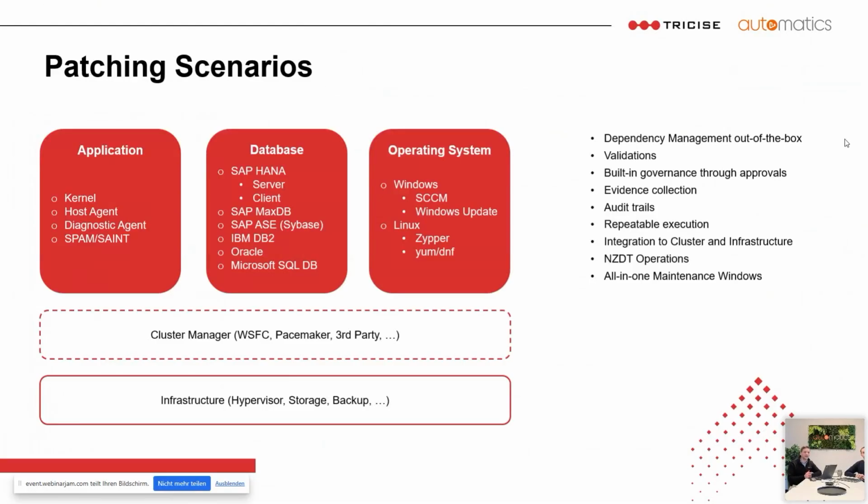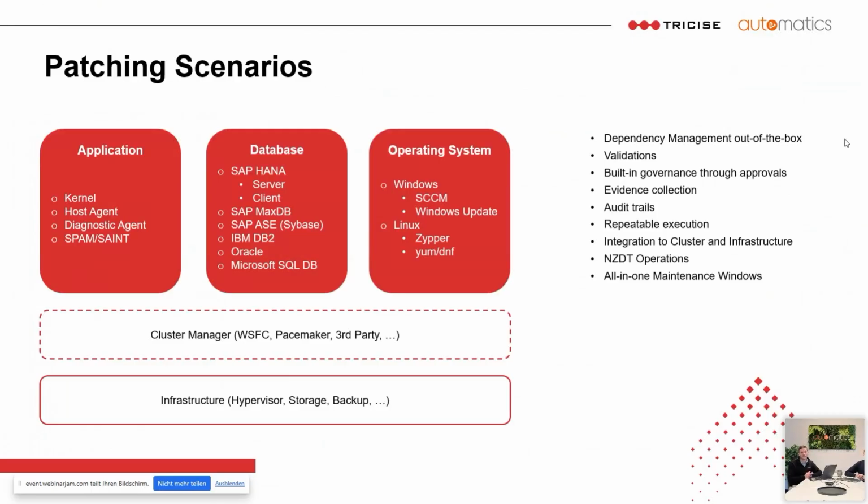For application patching, Automic delivers standardized, ready-to-use workflows to do patching for SAP kernel, host agent, diagnostic agent, and even more inside the application, SPAM and SUM updates, so add-on packages like SDBI and SDAPI, for example.